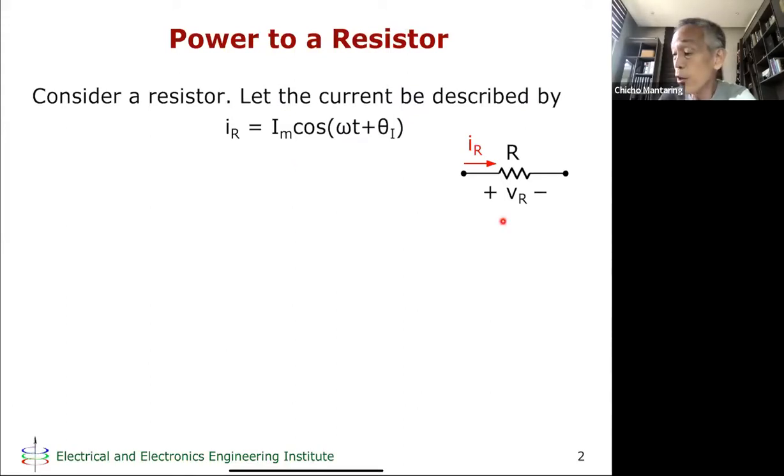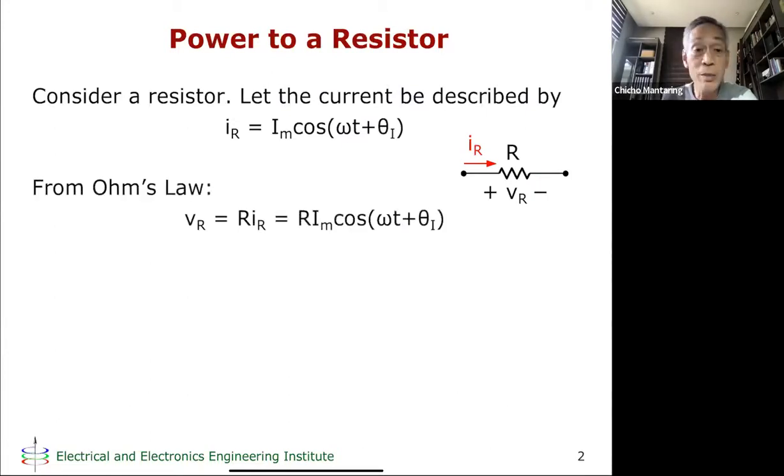Of course, you're going to generate a voltage across that resistor. And that voltage, based on Ohm's law, V is equal to Ri, will be equal to R times this expression. So that's just R Im cosine omega t plus theta I. Theta I is the phase angle of your current.